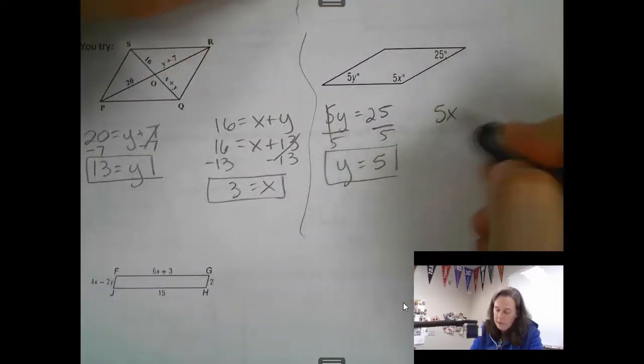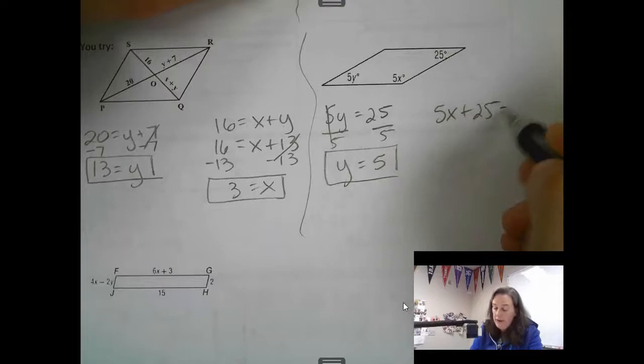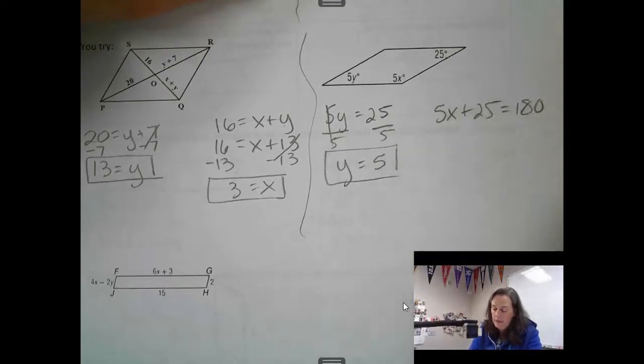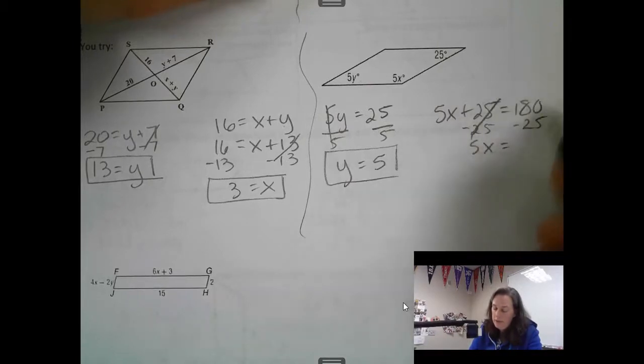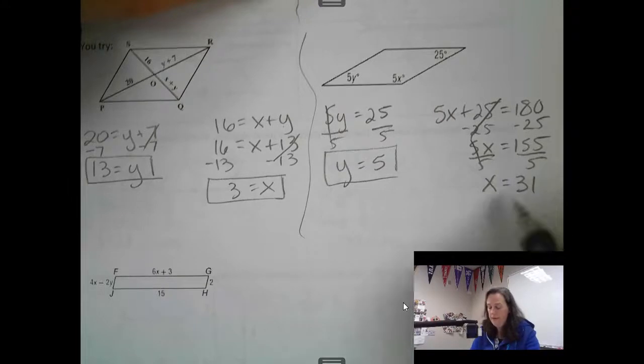So 5x plus 25 equals 180. Let's solve that one. 5x equals 155. Divide, and x equals 31. 31 degrees.